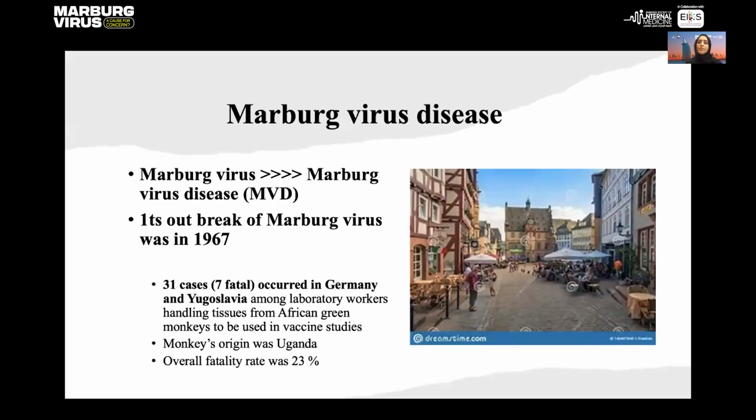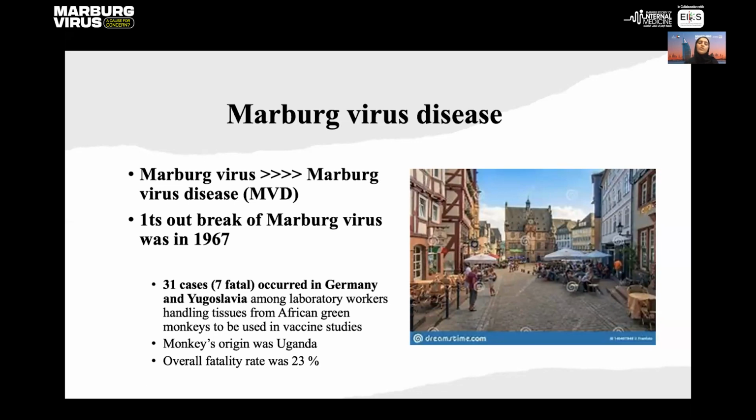So as the name implies, the Marburg virus disease, the first outbreak that happened was in 1967. And in 1967, it affected two cities in Germany, including Marburg city, which I'm sharing a picture of here, and Frankfurt. And then came some cases from Yugoslavia, Serbia, and so on.